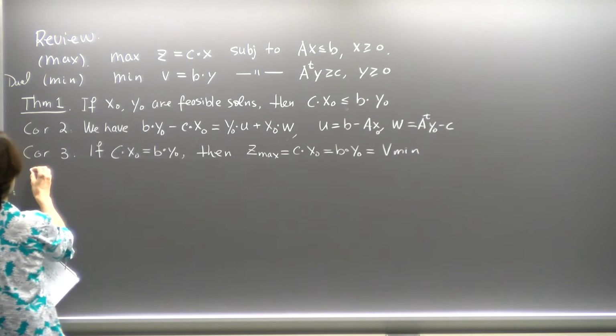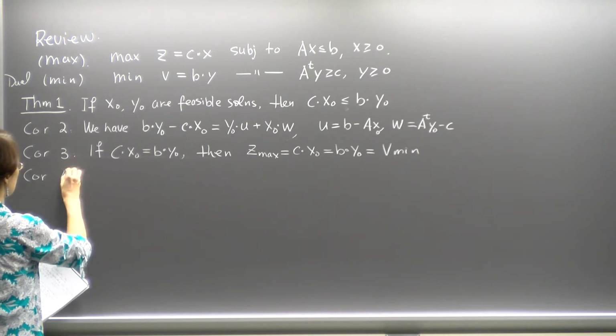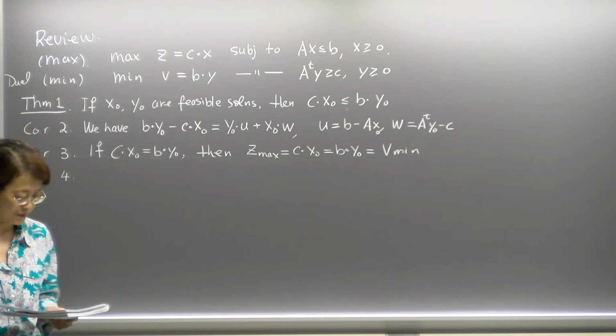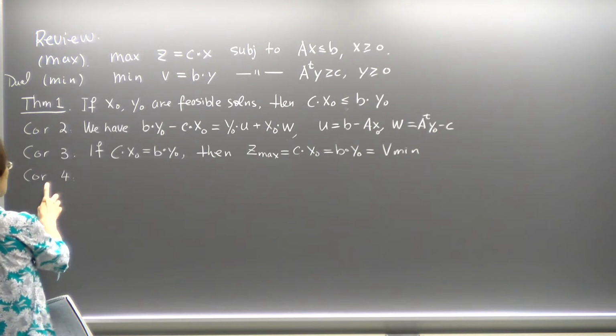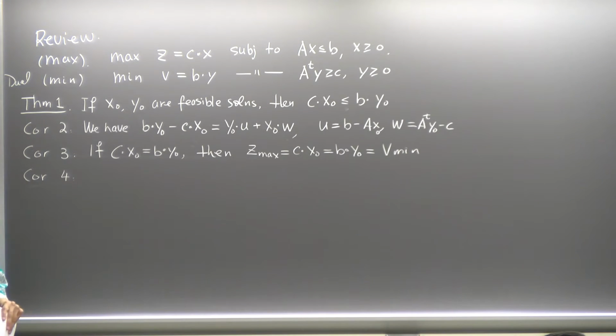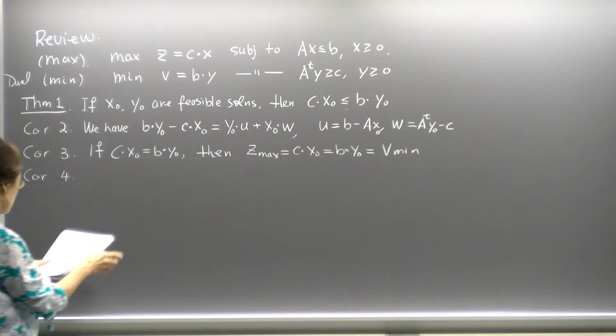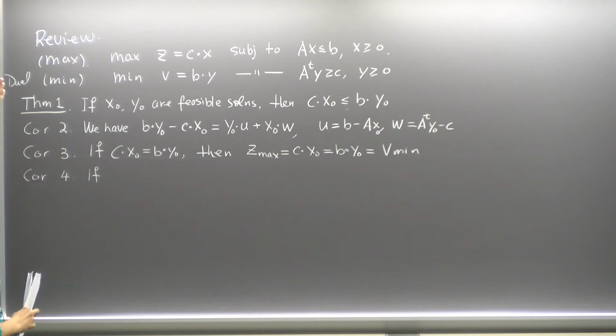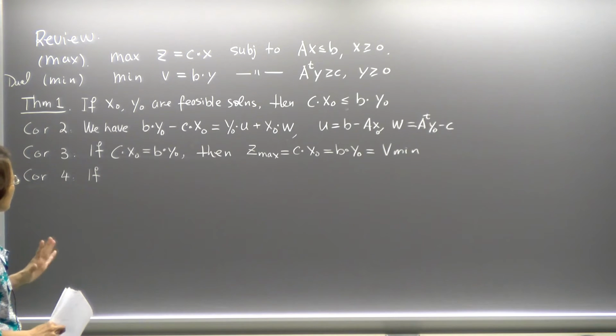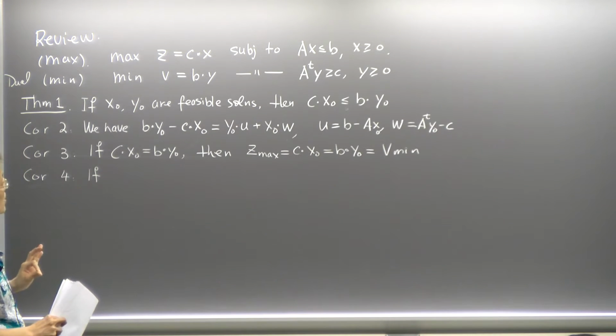All right, and corollary 4 also follows from theorem 1, with a very simple proof. This proof here is the homework. You practice on that, okay? So here it says that if one of the problems has an unbounded objective function, then the other one is not feasible.